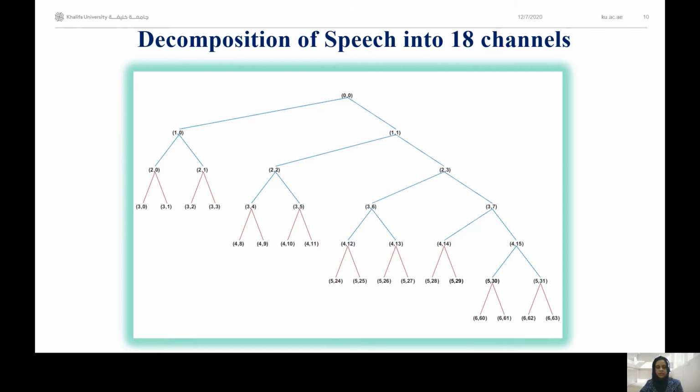For example, if the input signal is within the frequency range of 0 to 8 kHz, the 0 to 4 kHz band will pass to node 10 and 4 to 8 kHz will pass to node 11. These signals undergo decimation by a factor of 2 at each level of decomposition. The process is repeated and we obtain 18 channels at the output, and these 18 output channels are represented in red in this diagram.